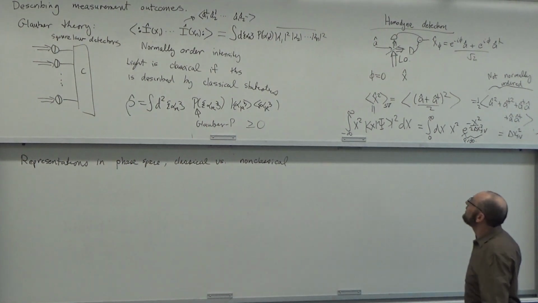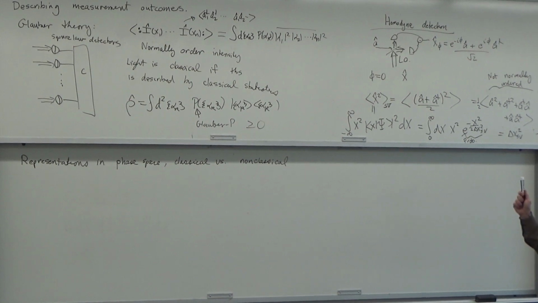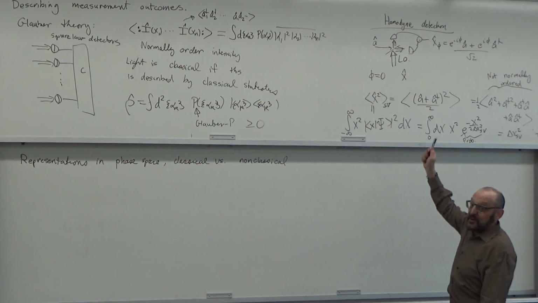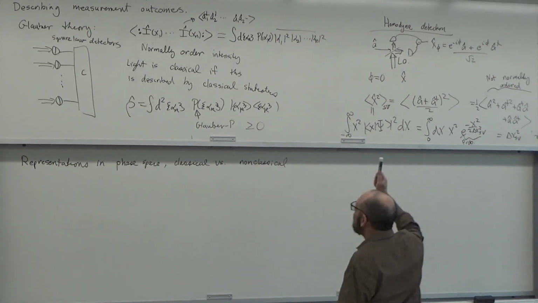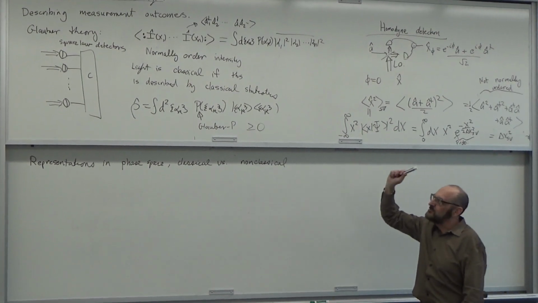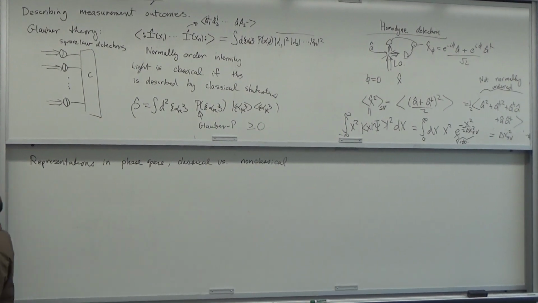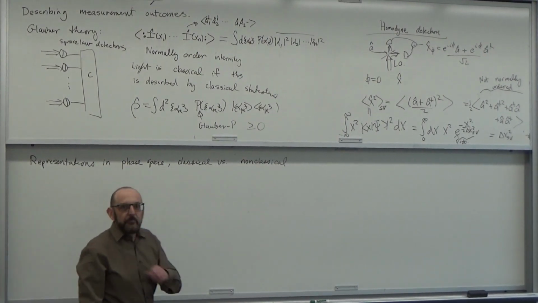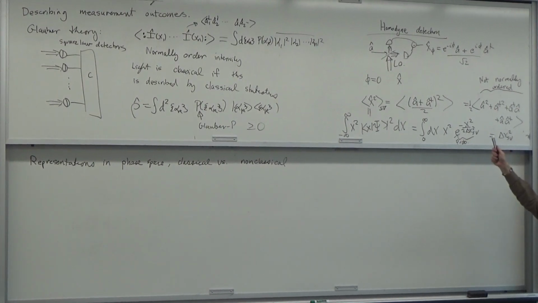On the other hand, the squeezed state, as we will see, will have a different phase space representation, which is known as the Wigner function. And that Wigner function is positive everywhere, which is to say that with respect to homodyne detection, and we will see that the Wigner function is the function that you should look at when thinking about homodyne detection, it is everywhere positive, and therefore this is classical. Okay.